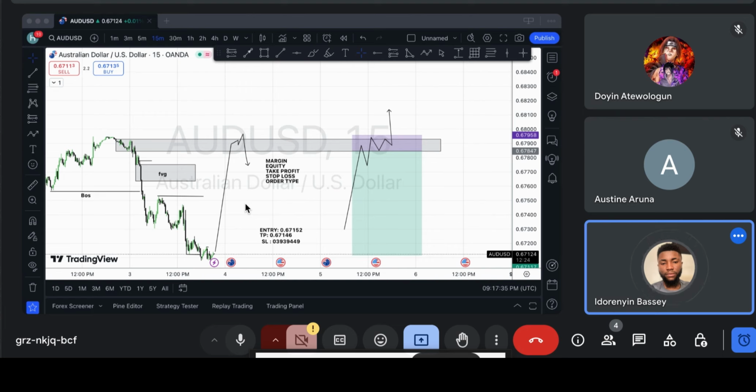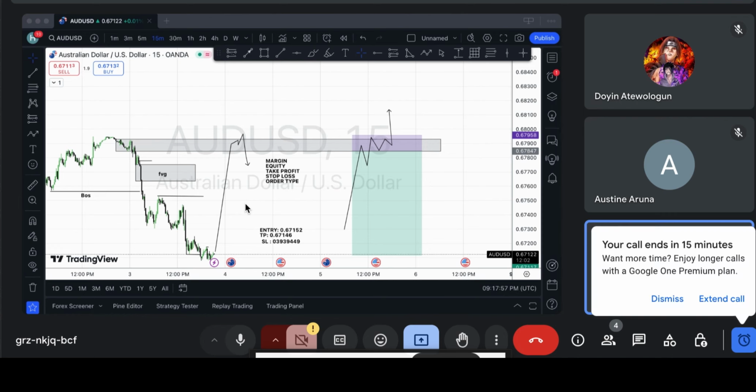Each order type serves a specific purpose and helps you manage your trades more effectively. So here is a simplified explanation of the main order types in forex trading. Number one, we have the market order.